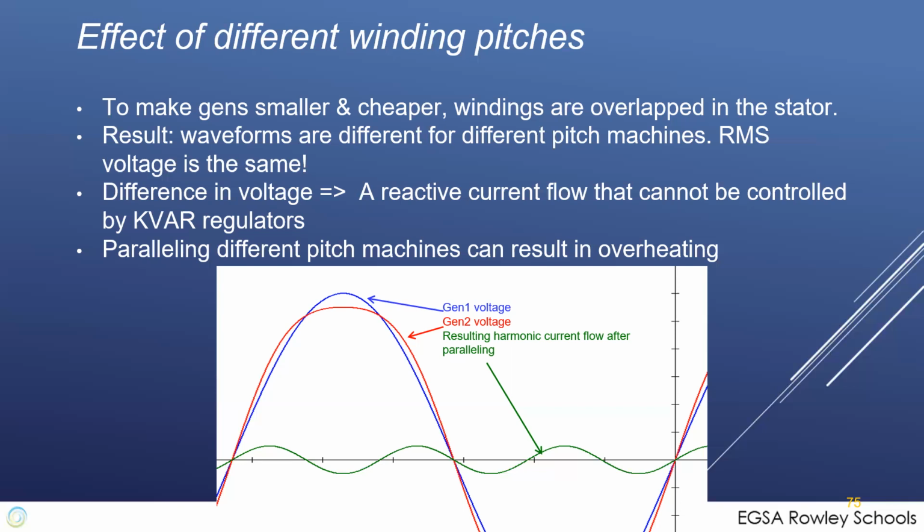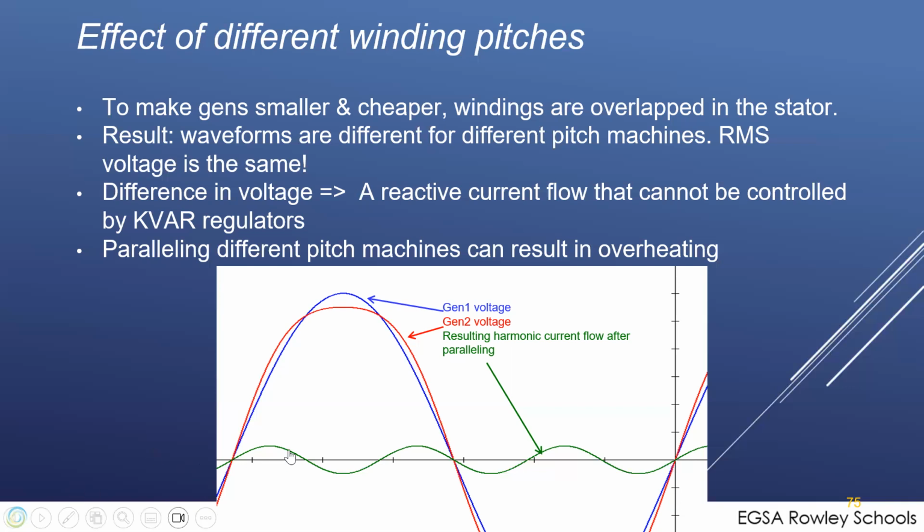And so as it spins past, we actually have 2 different generators in my drawing here. One generator is a one-to-one pitch machine, and one generator is a 2/3 pitch machine. And anytime we have a difference in voltage, like we have here, there'll be a current flow. This current flow, we see this as a reactive current flow. It's actually a 3rd harmonic current flow.